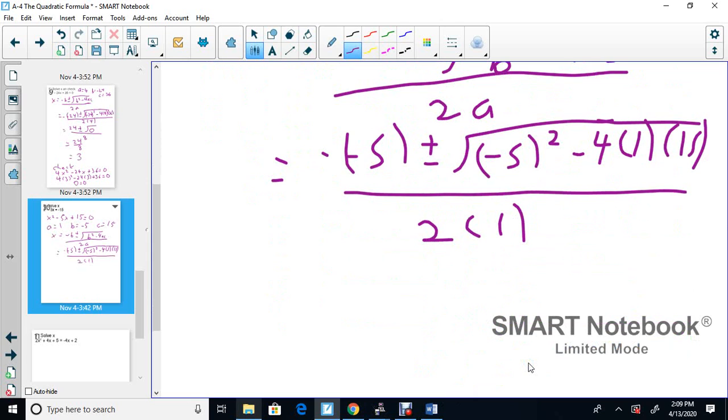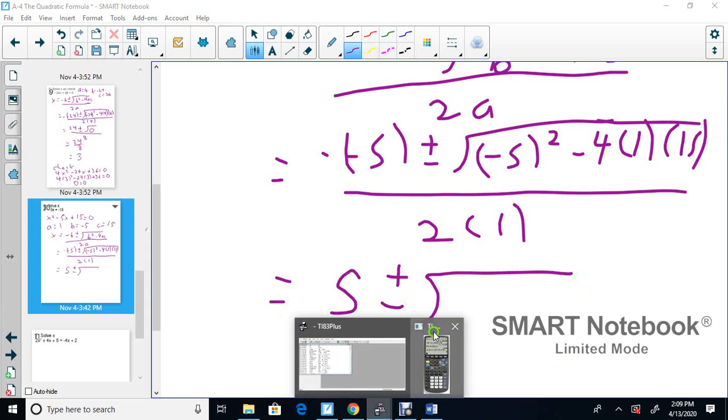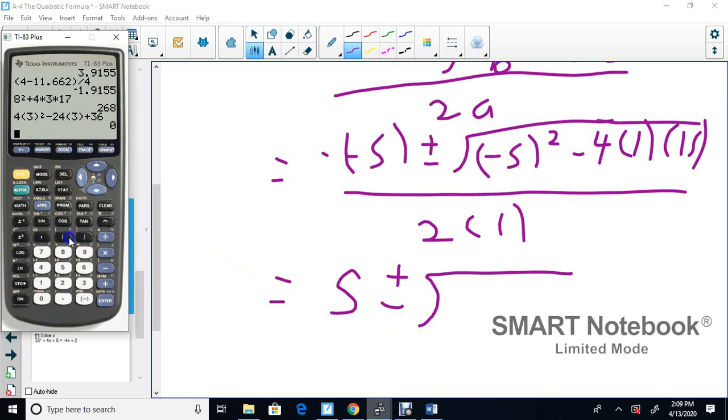Okay, I'm going to keep going here. So negative is 5 plus minus. Oh no, I go to my calculator here. So watch what happens here. I go to my calculator, and I go, negative 5 squared.